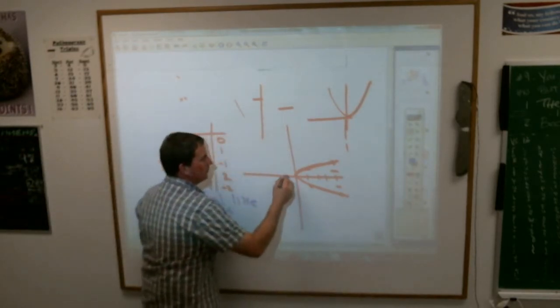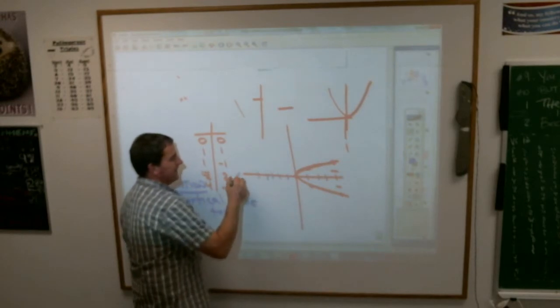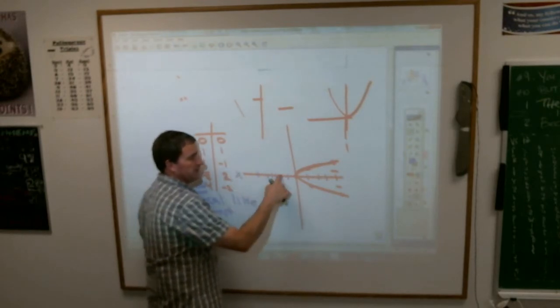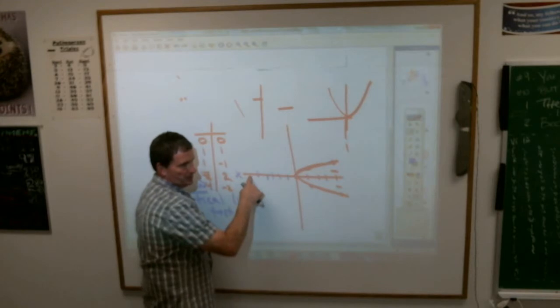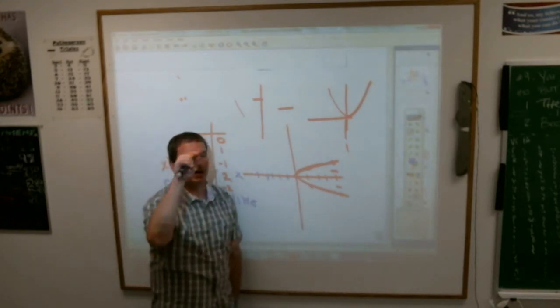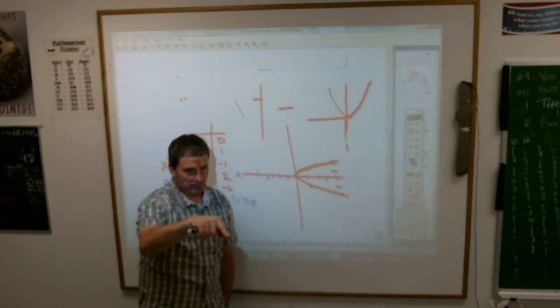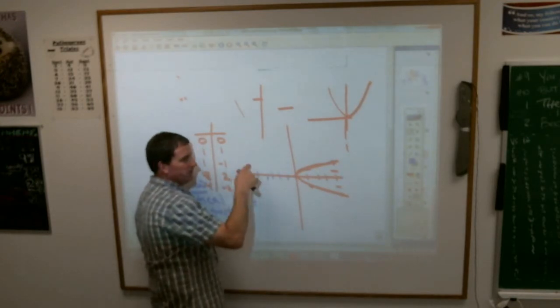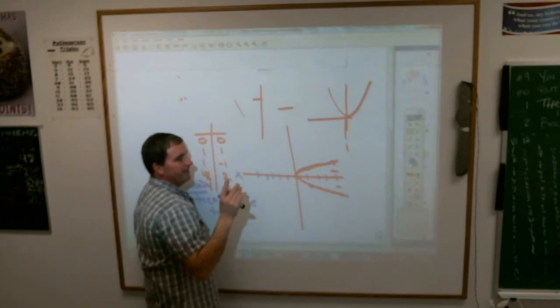Because we know that these are all my x values on this line right here, right? Those were all my input numbers. Every input number can only have one output number. That means this.